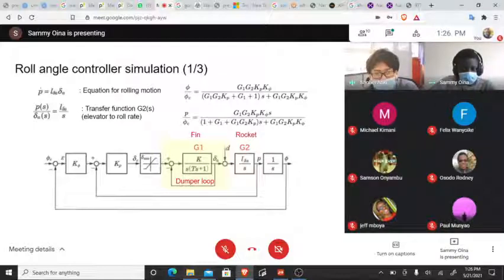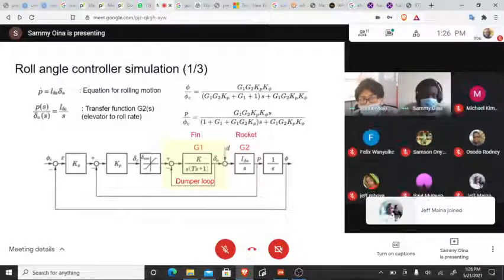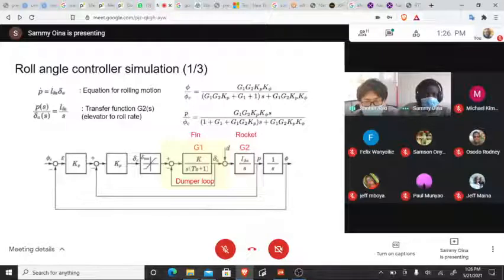The input is the elevator angle, and the output is the rolling rate, the rolling angular speed. There is also another transfer function, G1, for the fin device. The input is a target angle, and the output is the output angle.